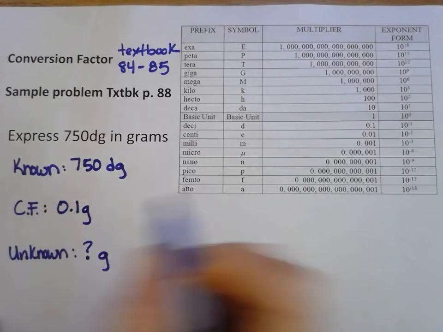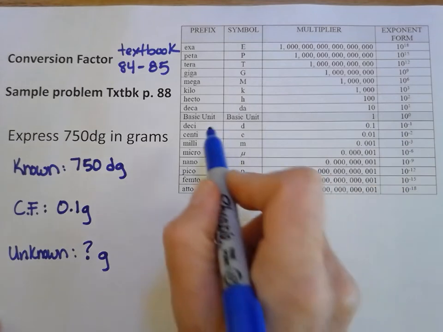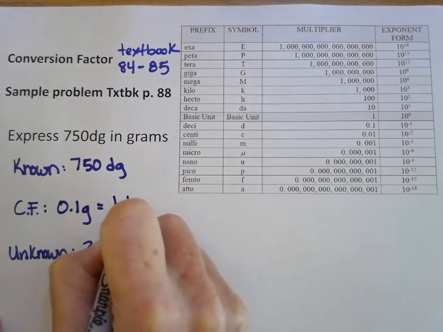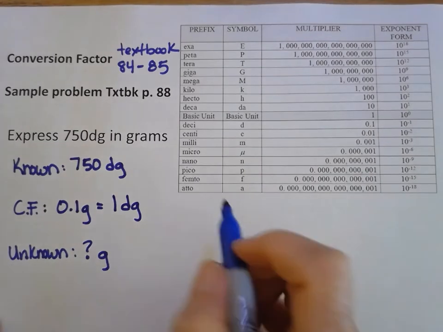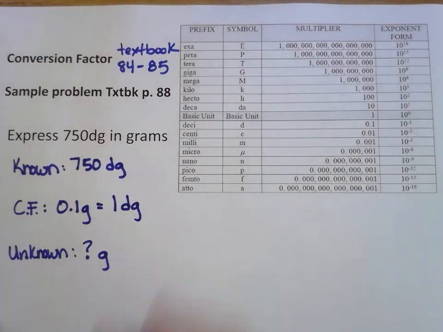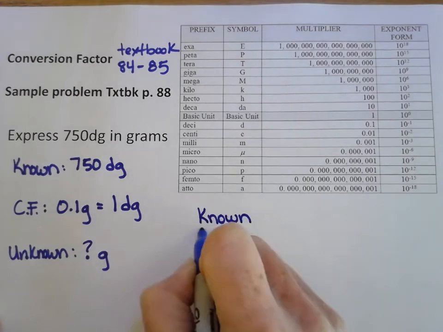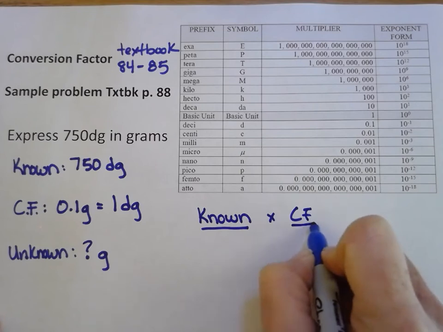This number is the number of base units in the prefix, so it's equal to 1 decigram. To solve all conversions, it's the same general format: the known, the conversion factor, and the unknown. The general formula is you take your known, you multiply it by the conversion factor, and it's going to give you the unknown.